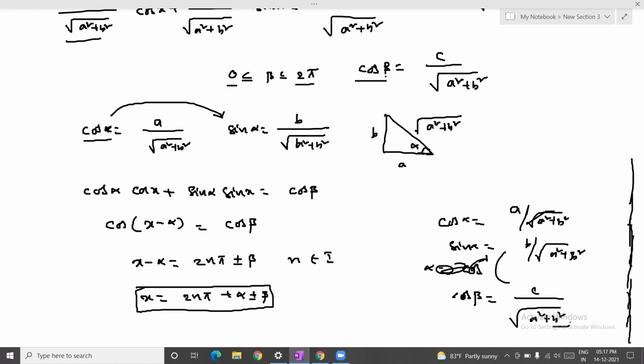Is it clear, students? Yes, sir. So shall we proceed with a few numericals based on these equations? One minute. Any step you are not clear, please let me know. Done, please let me know, guys.